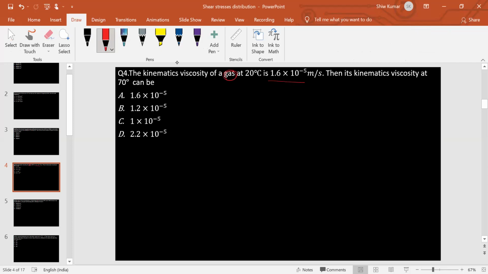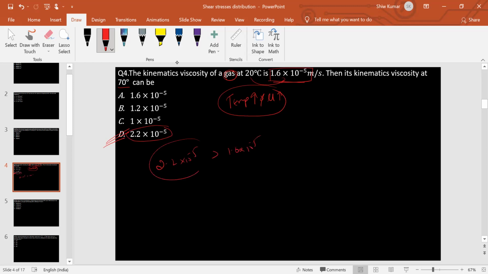For gas, we know that if you increase the temperature, the viscosity must increase. So at 20 it's 21.6, so at 70 it should be more than 21.6 into 10 raised to minus 5. Only option D is satisfying, which is 2.2 into 10 raised to minus 5, more than the given value. So option D is the right answer.